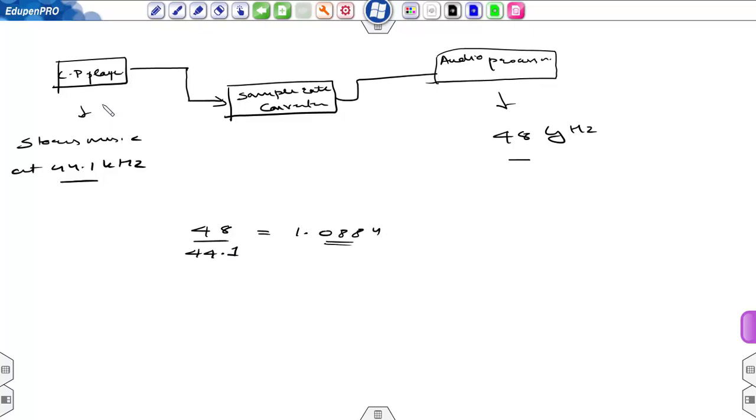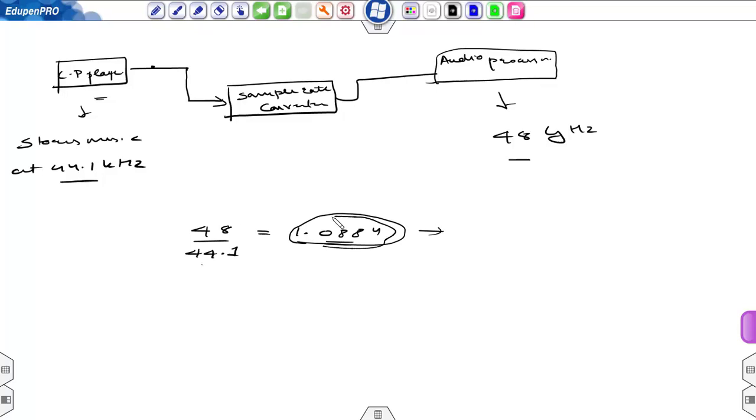So we have to upsample the output signal of the CD player by this factor, 44.1 multiplied by 1.0884.